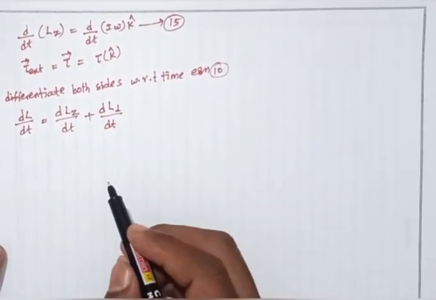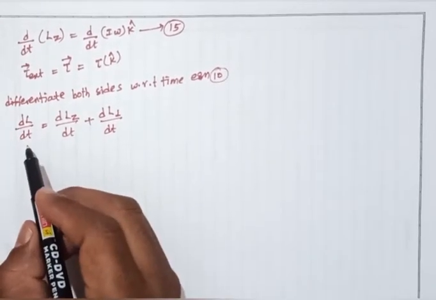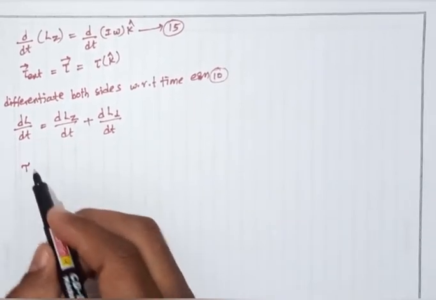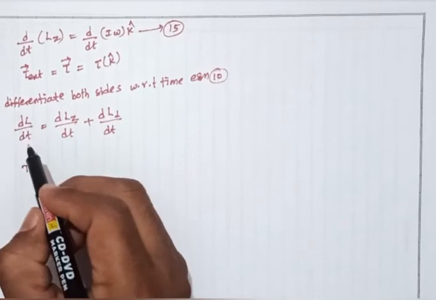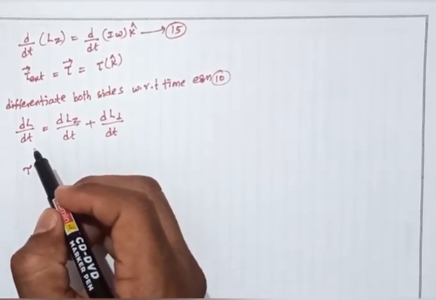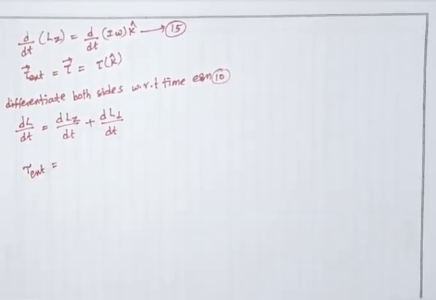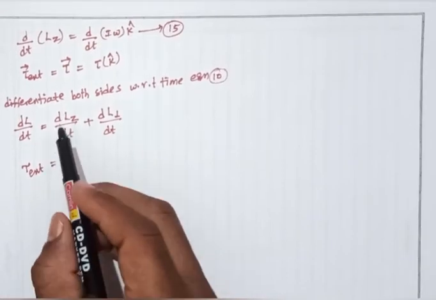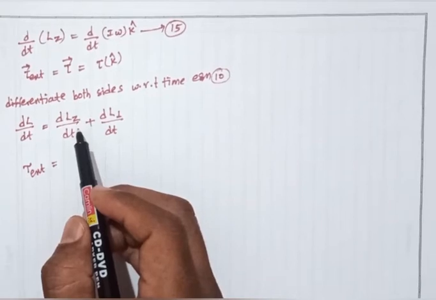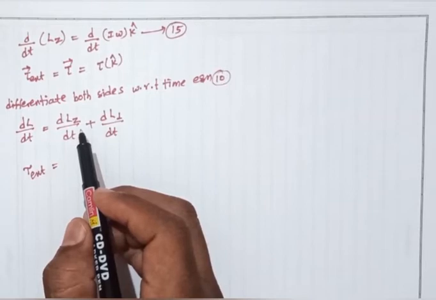Here dL by dt, from equation number 1, is the rate of change of total angular momentum, which is tau external. So tau external equals dLz by dt plus dL perpendicular by dt.